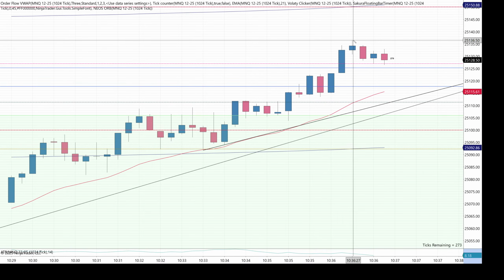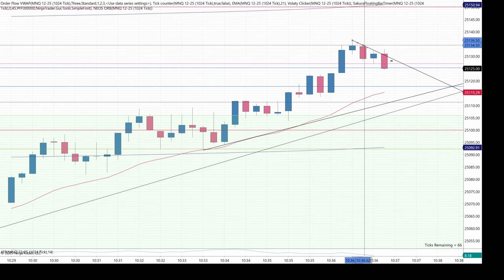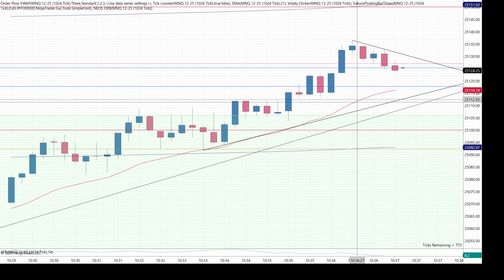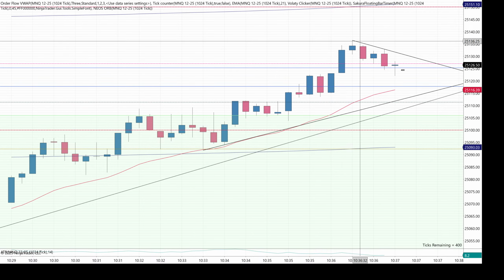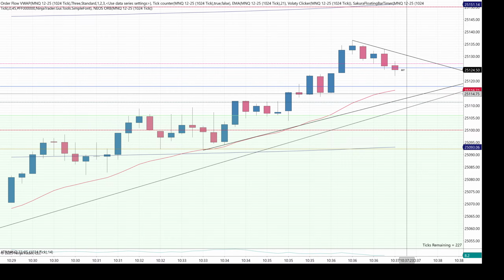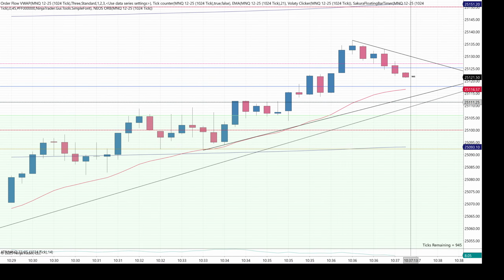Yep. If we can get a bullish candle to break this trend line here and close above, that would be our next signal to go higher, and it would be actionable. Like this candle here, if we can get it to close above.